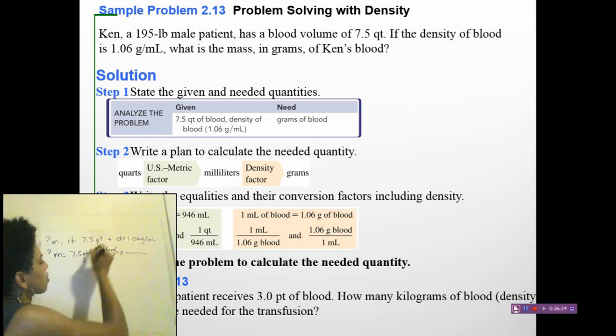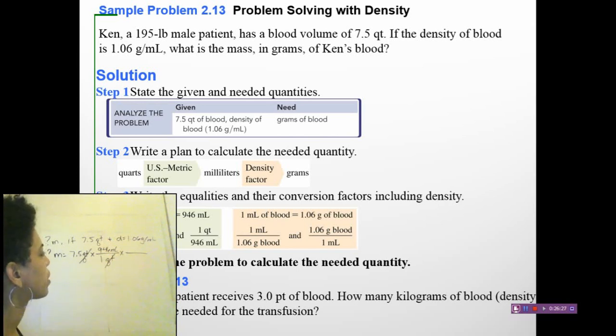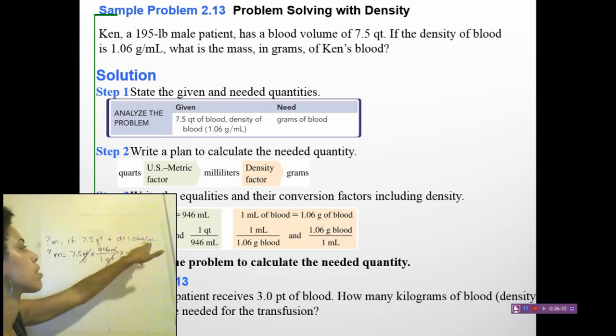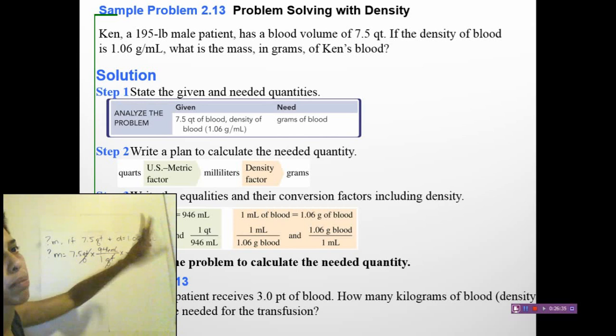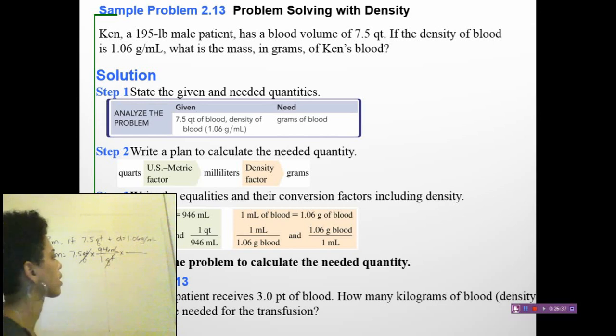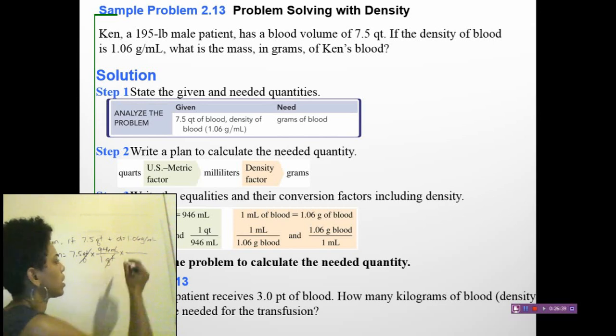And so that cancels out our quarts. And we can use our density, grams over mils, to give us our mass. And remember, this is a fraction, so we can put it in either direction in order to do our calculations.